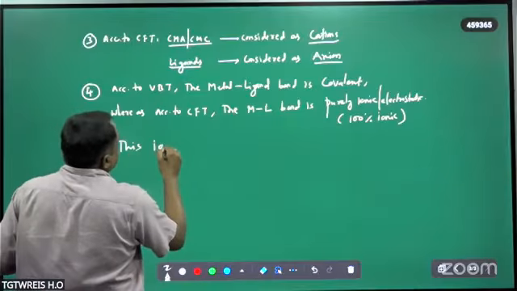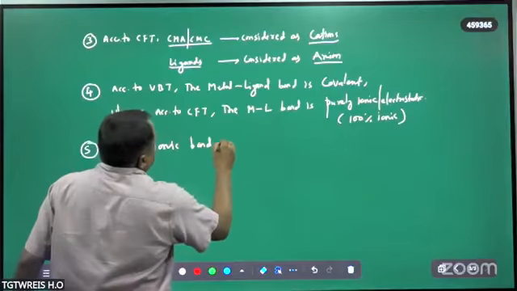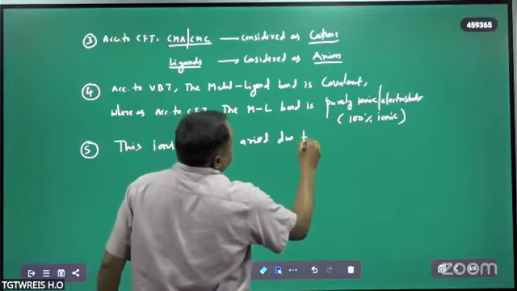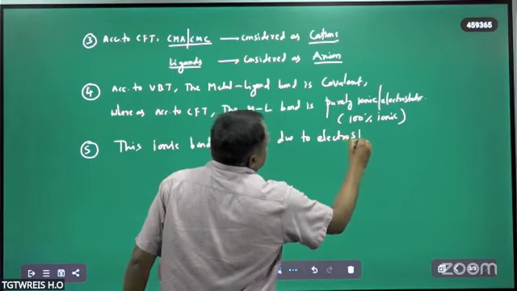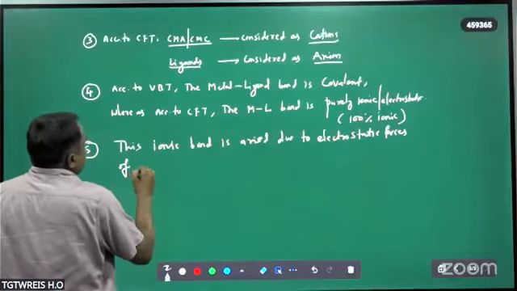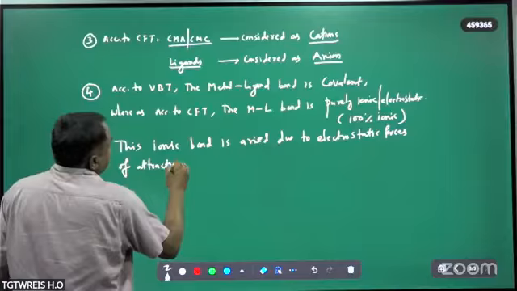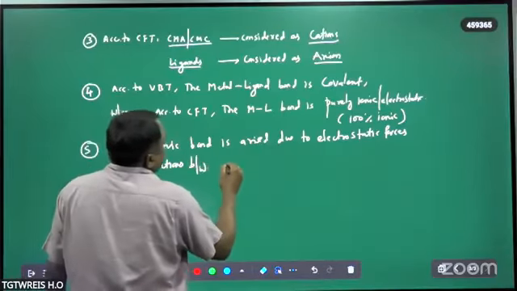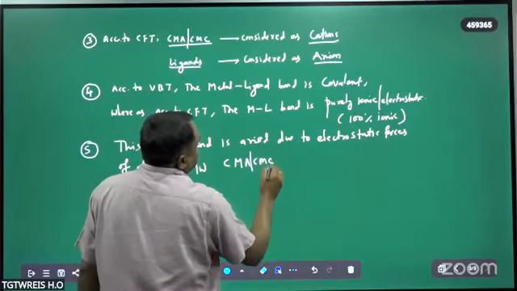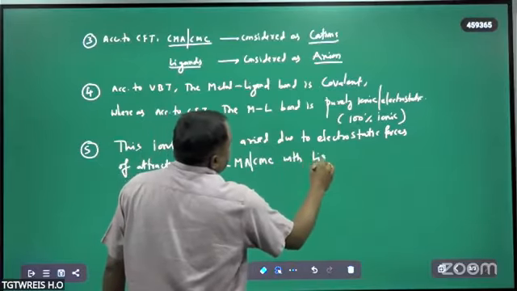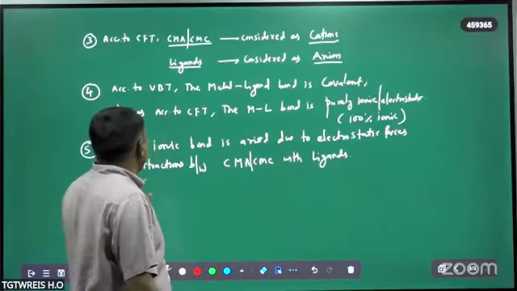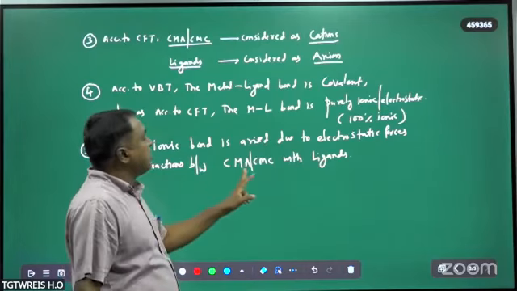Therefore, this ionic bond arises due to electrostatic forces of attraction between the central metal atom or a central metal cation with the ligands.